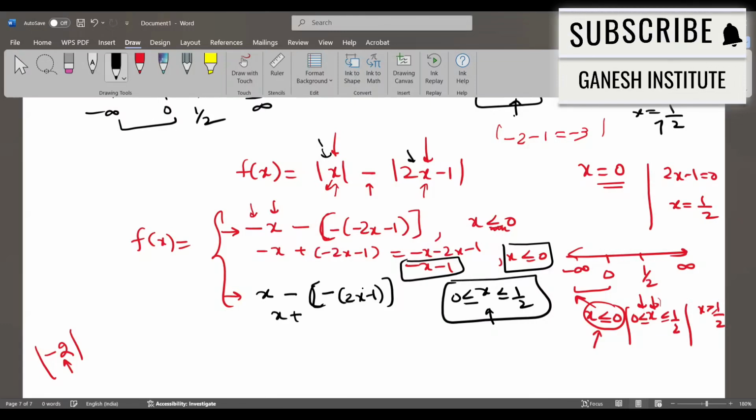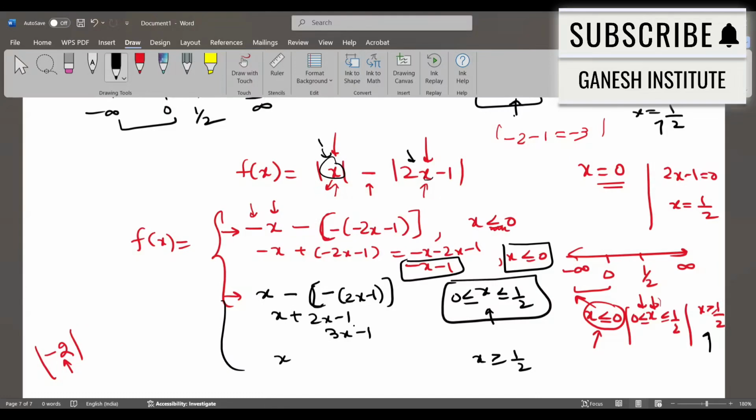So x minus minus plus, which gives 3x minus 1. And then the third one is greater than 1/2. If you substitute anything greater than 1/2, maybe 1 or 2, it will give you plus x.